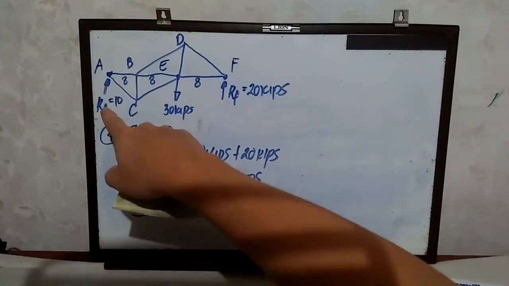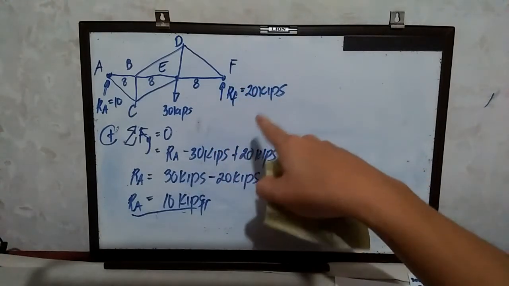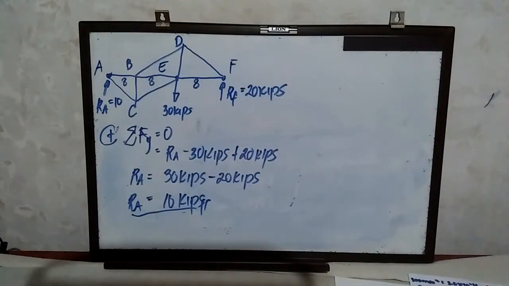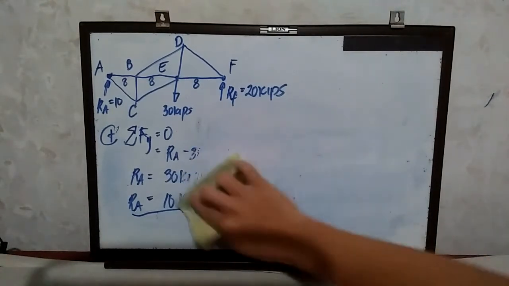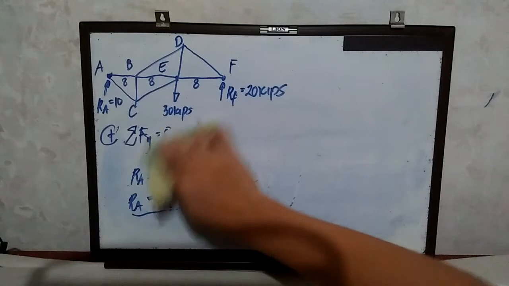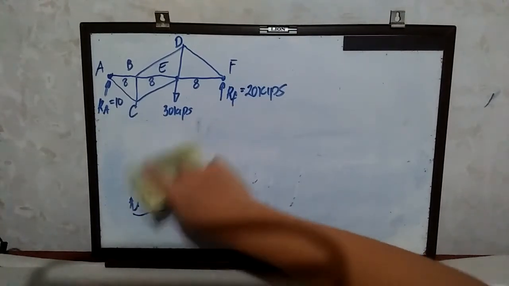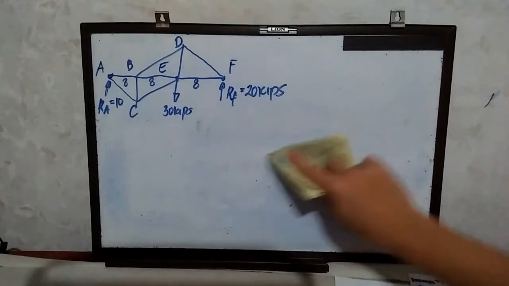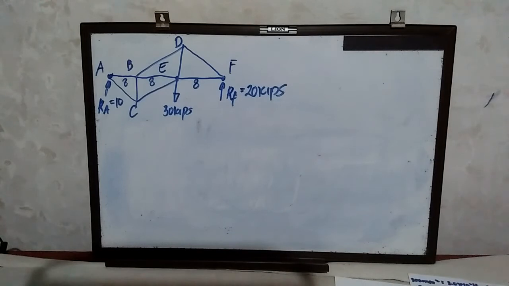So R sub A is 10 kilopounds, and R sub F is equal to 20 kilopounds. I'm just going to erase this one so that we have enough space for answering the rest of the members. So that's the first part, solving for the reactions.